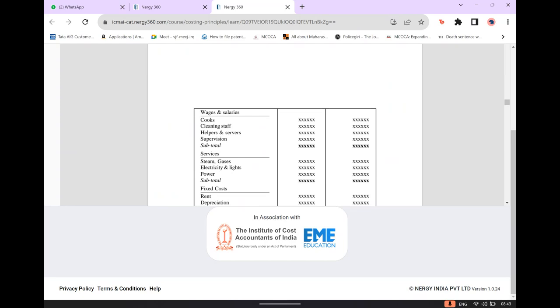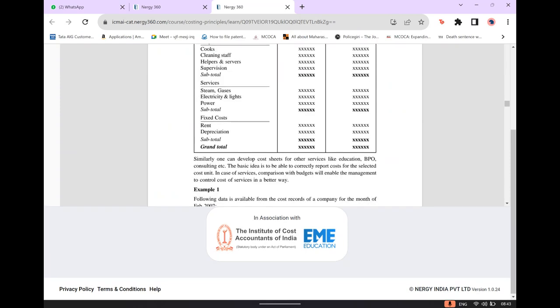Then you have wages and salary, which is fixed in nature: cook salary, clerical staff, helpers, servers, supervision. Then gas, electricity, power, and all that. Then coming to other fixed cost, it can be rent and depreciation.